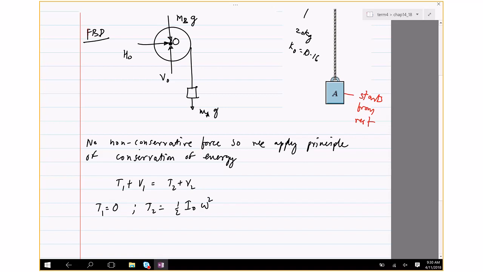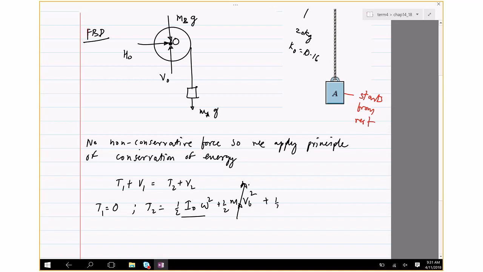There are two parts to the kinetic energy of a rigid body. There is a part due to rotation, which is half I omega square, and then there's a part due to translation, which is half m vg square. But since this point O doesn't translate, the velocity is 0, so the kinetic energy is only due to rotation.